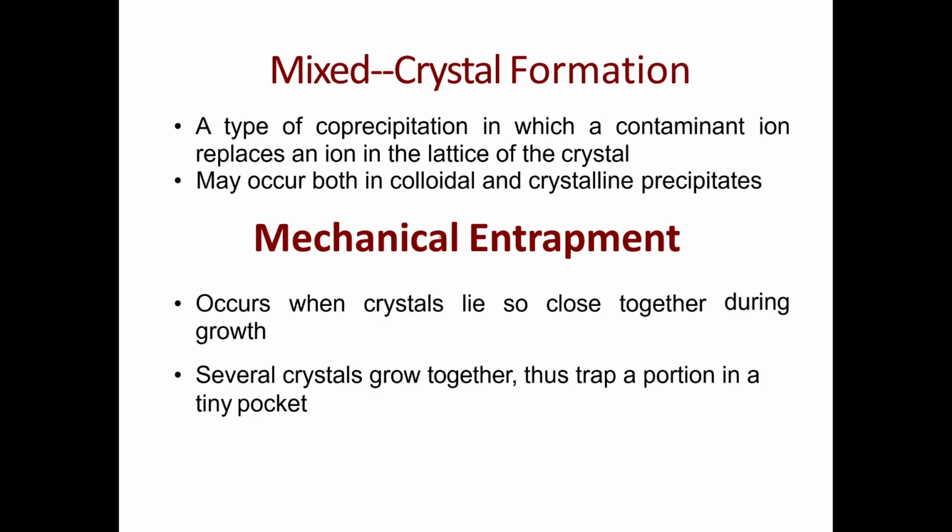When the particle grows, sometimes several crystals will trap a portion of the solution in the tiny pocket of the crystal. That will be an impurity that is very hard to remove.